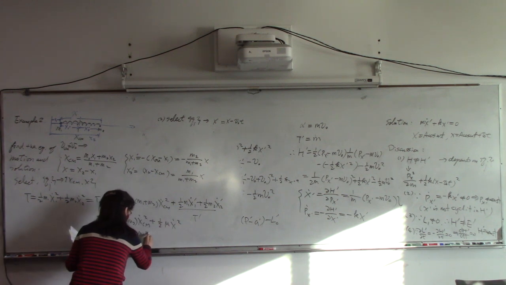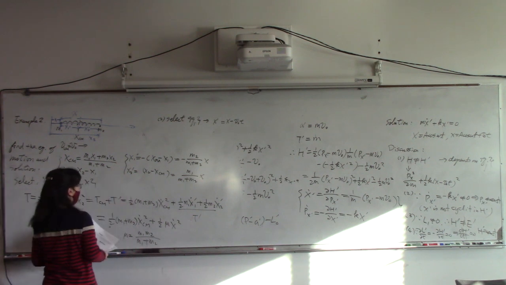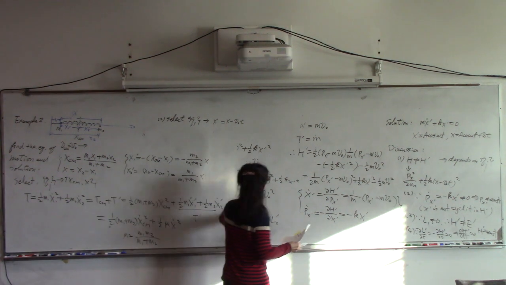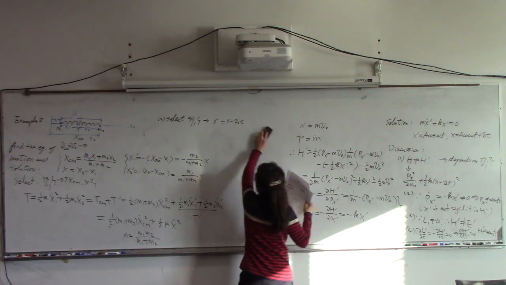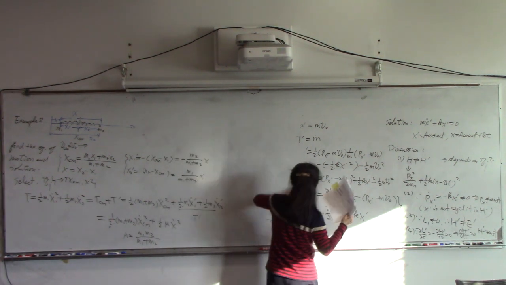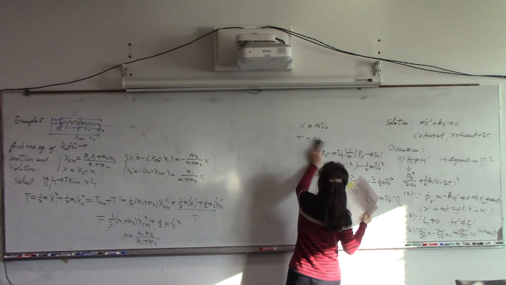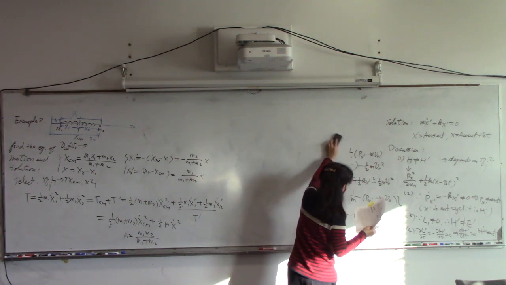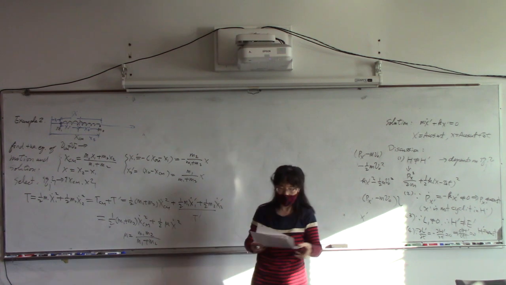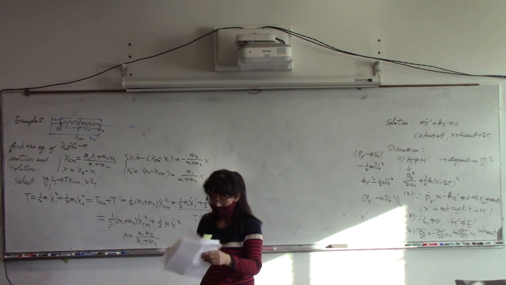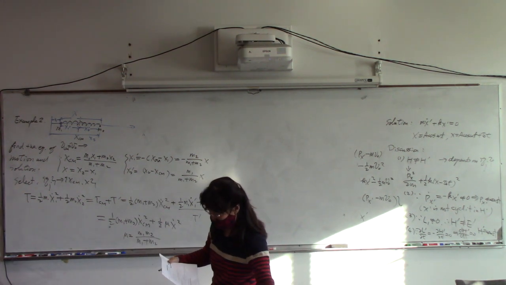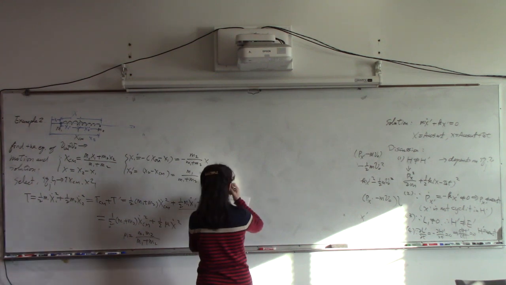Remember, chapter 1 we discussed. So first they write down the kinetic energy. Once the kinetic energy is written down, the potential energy is easier, right? Okay, let me write down the potential so we can stop here.